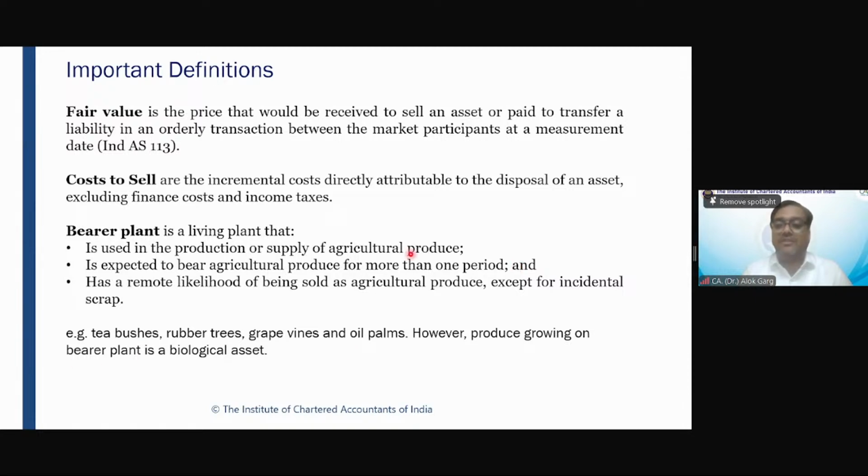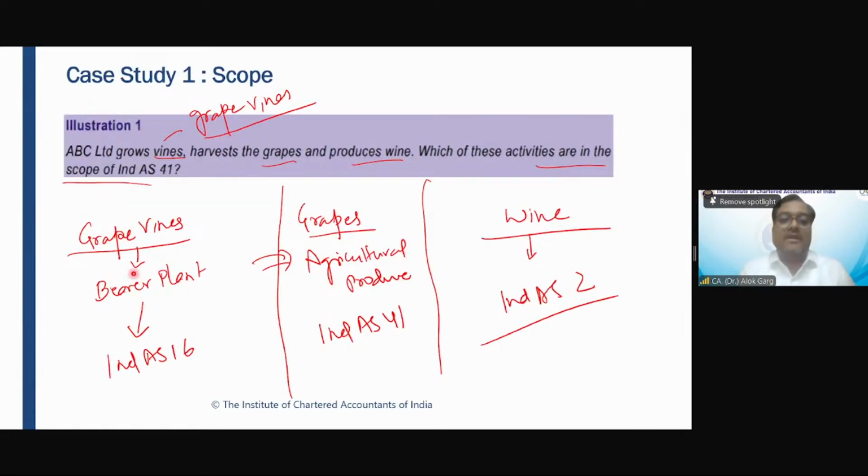Illustration number 1. ABC grows vines, harvests the grapes, and produces wine. Which of these activities are within the scope of Ind AS 41? Tell me. ABC Limited grows vines. What are these vines? The grape plant, right?